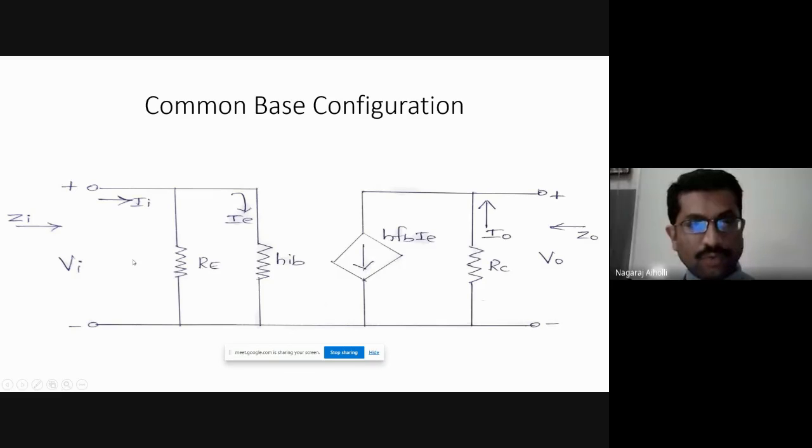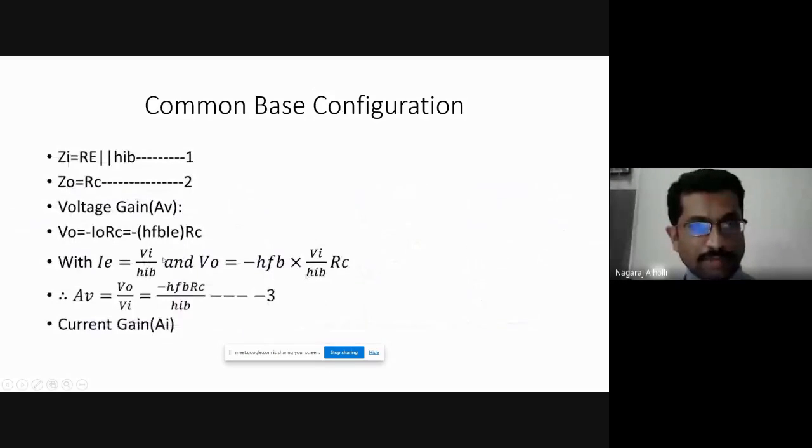Therefore, IE is equal to VI divided by HIB. Substituting for IE in the above equation, V naught is equal to minus HFB into VI by HIB into RC.